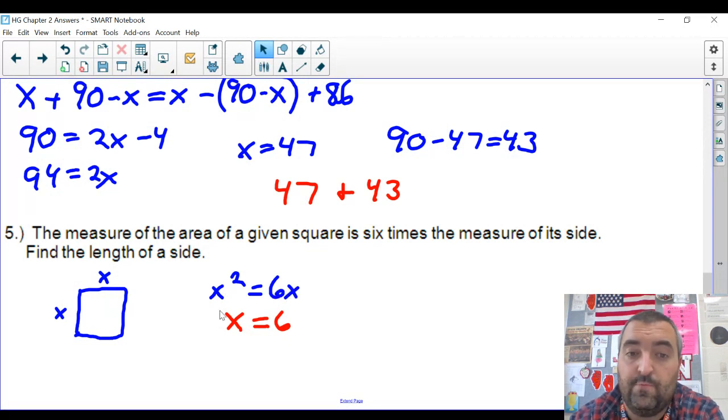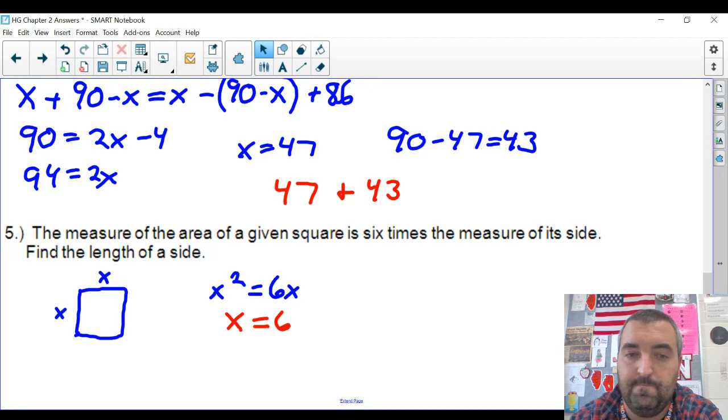When you solve this one, you can divide everything by x. We technically lose a solution, the solution of 0, but we don't actually care about that one because a square with side 0 isn't really a square. So we just get x equals 6 as the length of our side.